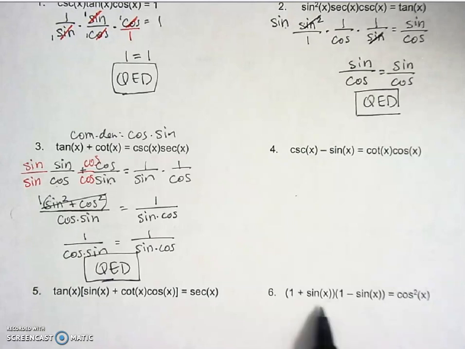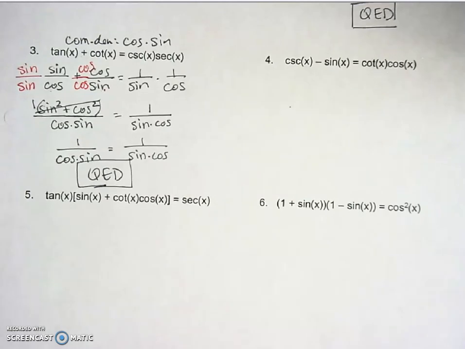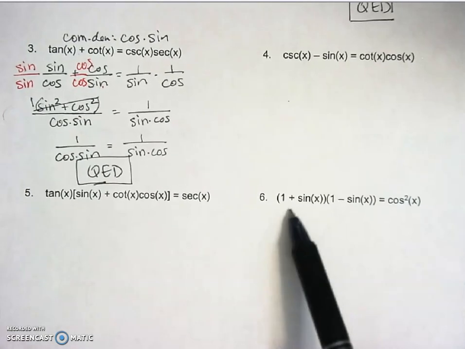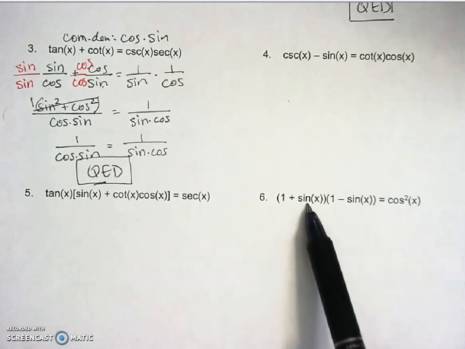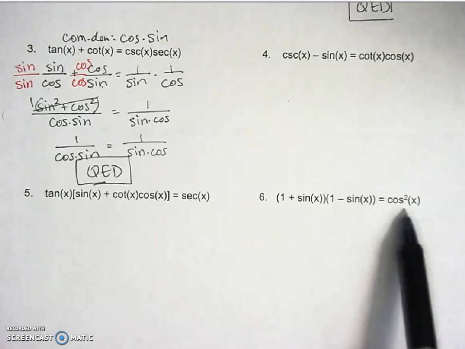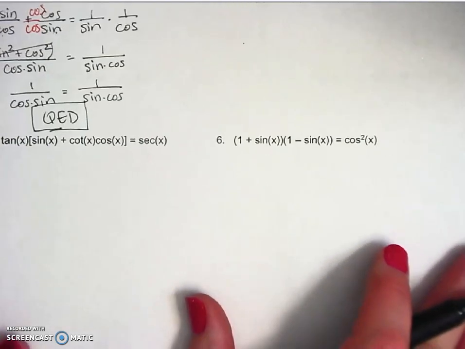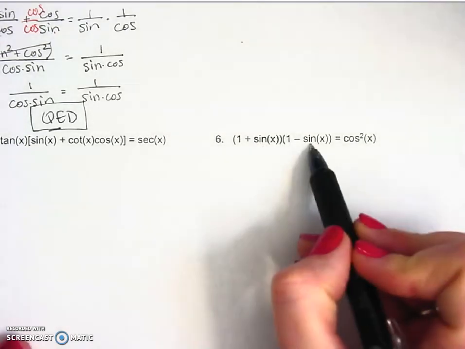All right, now I want to look at number 6. All right, here we have 1 plus sine times 1 minus sine equals cosine squared. So you may notice that this right here is difference of two squares.